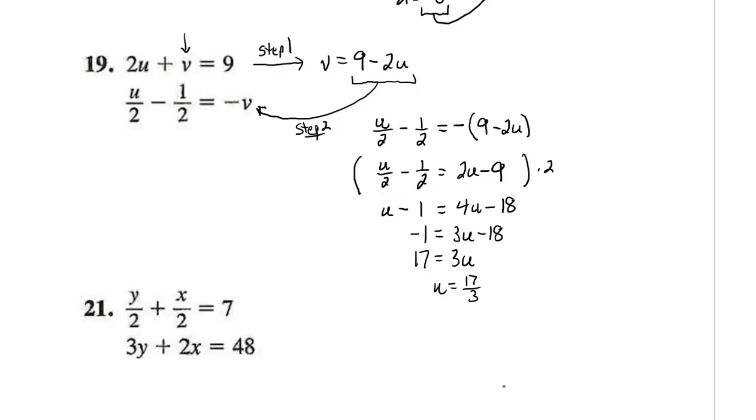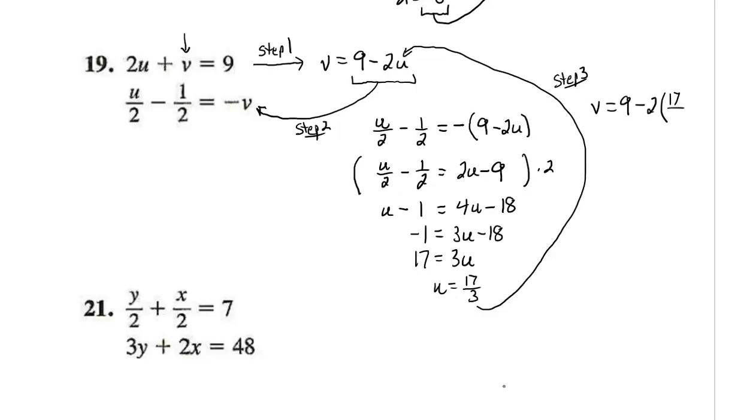Now take the answer for u and substitute it in place of the letter u. Here will be step 3. V equals 9 minus 2, and then in parentheses, fill in the 17 thirds. This is 9 minus 34 thirds.